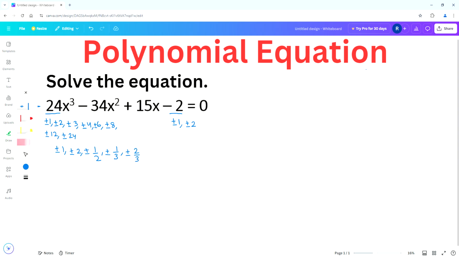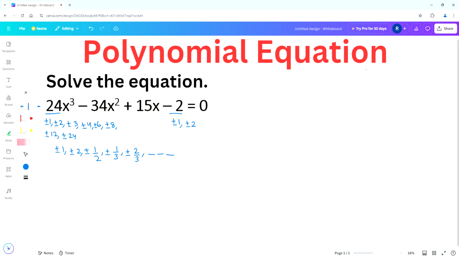So this way we can continue to find all possible x values that will make the value of this cubic polynomial equal to 0. Let's work with the values we have so far and see if any of these x values will make the value of this cubic polynomial equal to 0.